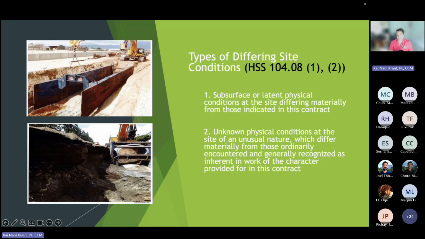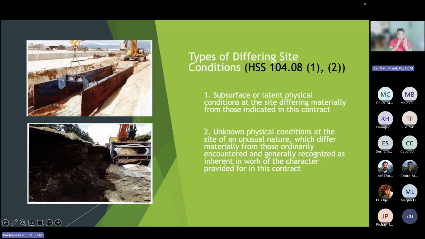When you have a geotech subsurface investigation, you're not going to be able to do it everywhere. So are the borings provided? Does that give you enough reasonable information to make a decision on what the subsurface conditions should be? So it's a little bit tricky. Again, part two of this is unknown physical conditions at the site of unusual nature.